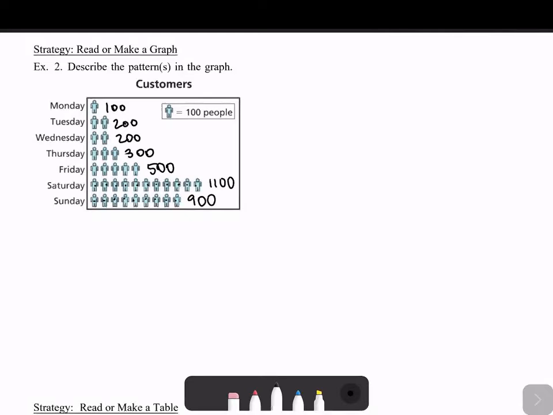So describing the pattern can just be as simple as that if the pattern is that simple. So that's the way I would describe the pattern.